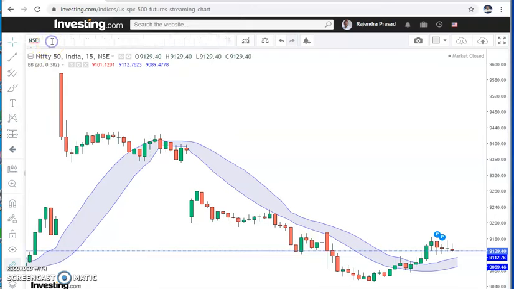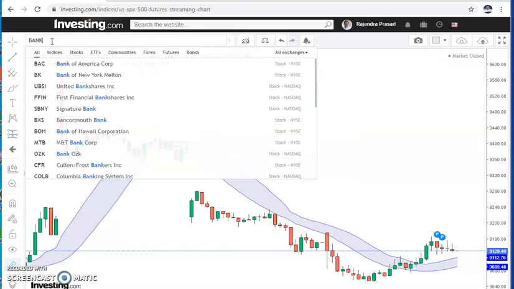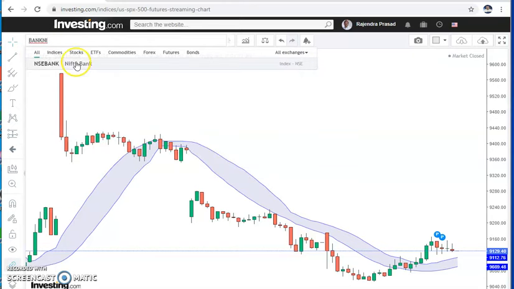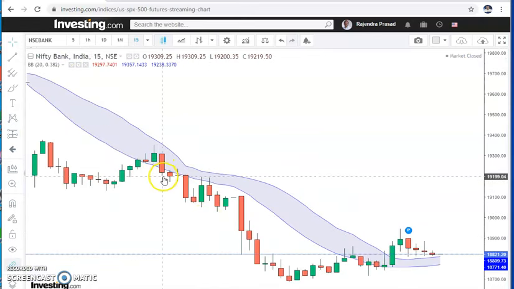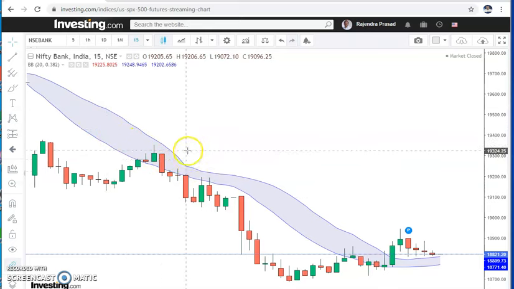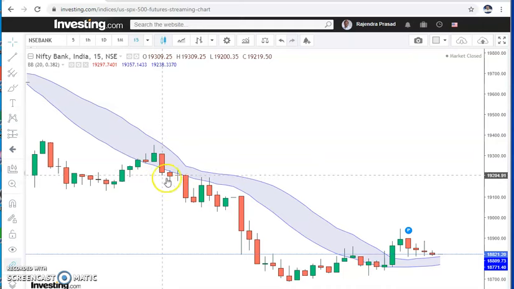You can use Bank Nifty, stocks, anything. So this is Bank Nifty. You see here it broke the channel, the Bollinger Band low broke, and it fell.